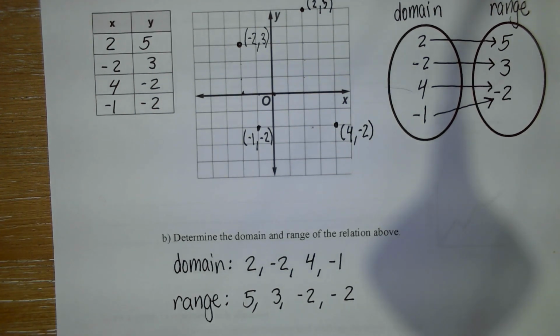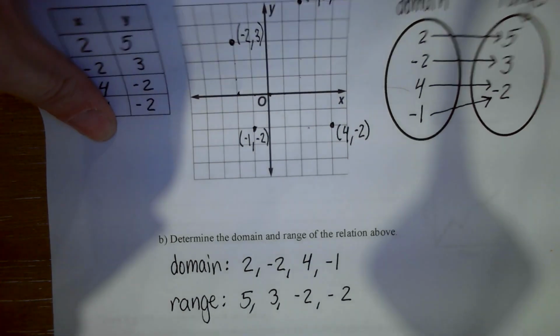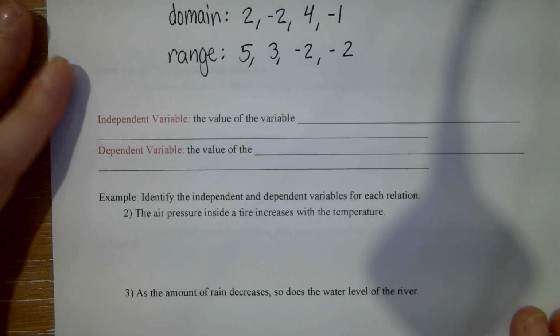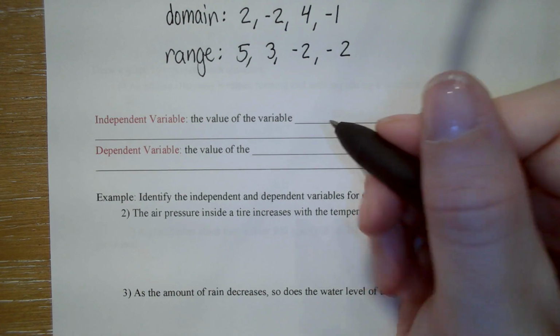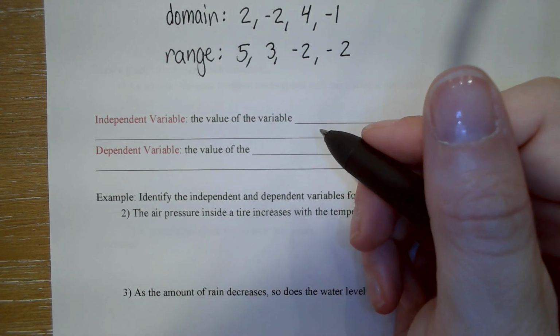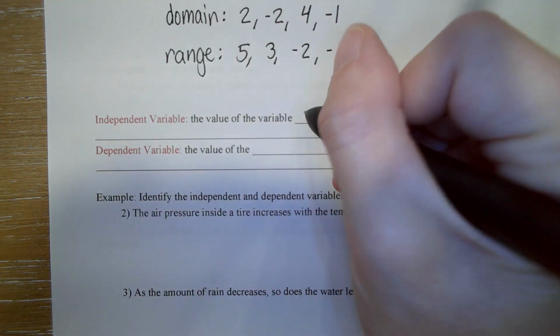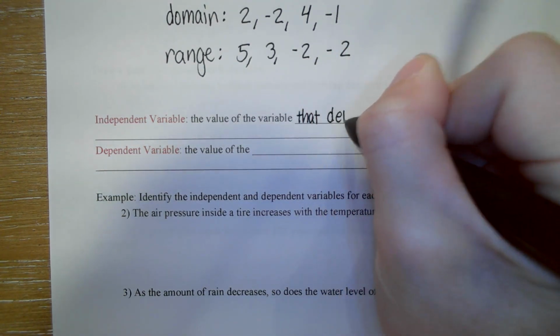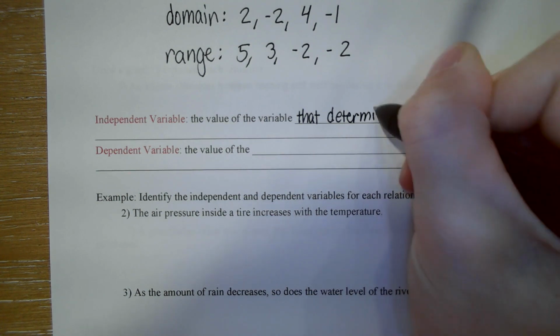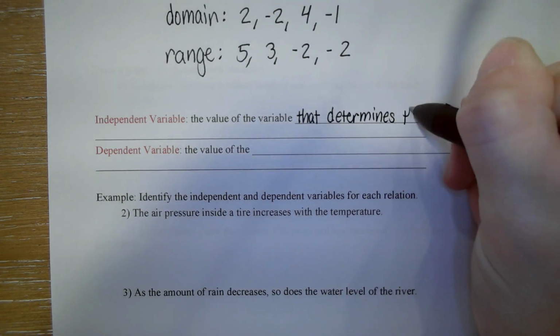Now, moving on, let's talk about our variables. Independent variables. The value of the variable, if it's independent, that determines the output.